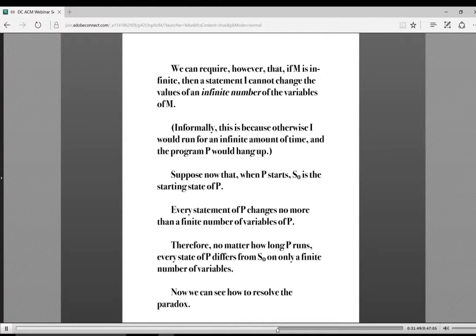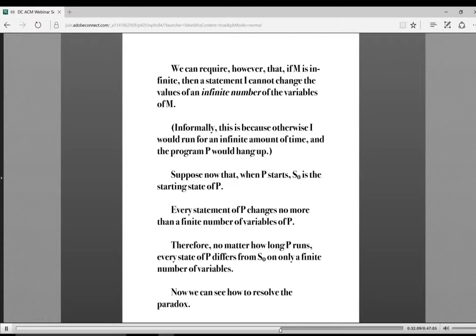We can require, however, that if M is infinite, then a statement I cannot change the values of an infinite number of the variables of M. Informally, this is because otherwise I would run for an infinite amount of time and the program P would hang up.